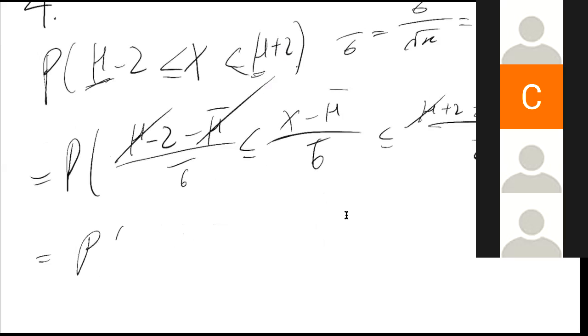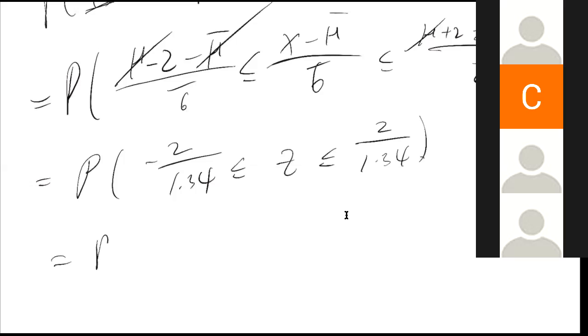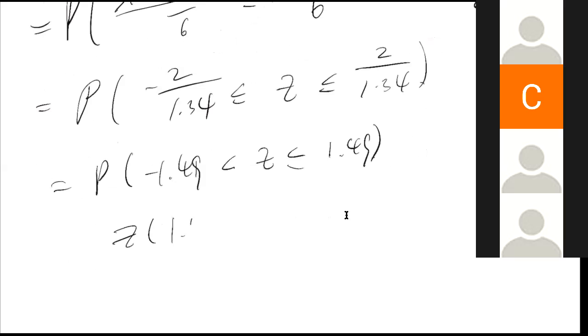So again, we just plug in the numbers: -2 over 1.34, and +2 over 1.34. And the answer is -1.49 to +1.49. If you look at the z-score table for 1.49, that's about 0.4319.